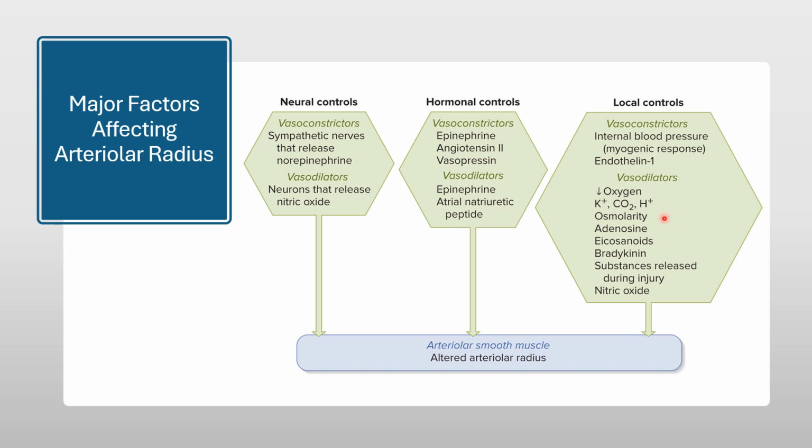Changes in the amount of water in the plasma could cause vasodilation. And all of these other substances or chemicals can also do that. But in any case, these are the chemicals, this is the type of control, and this is what we're acting on: the smooth muscle on the outside of the arteriole.